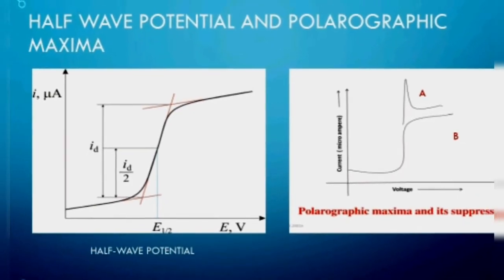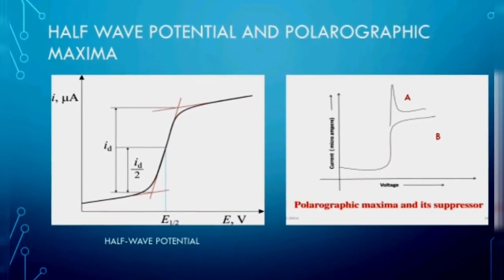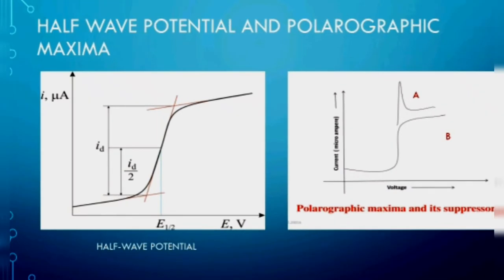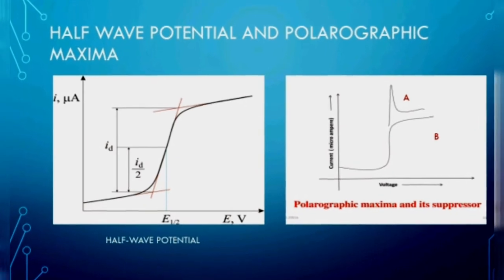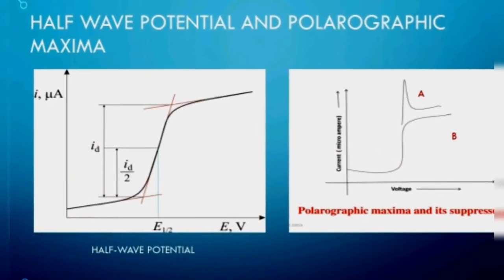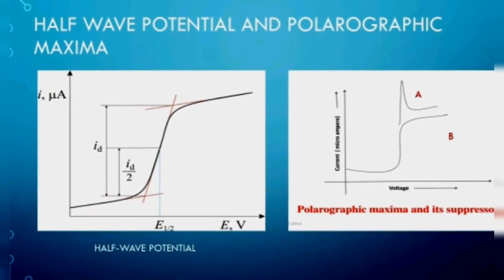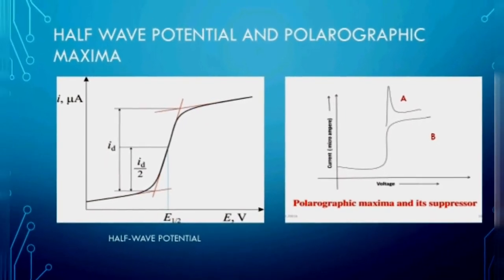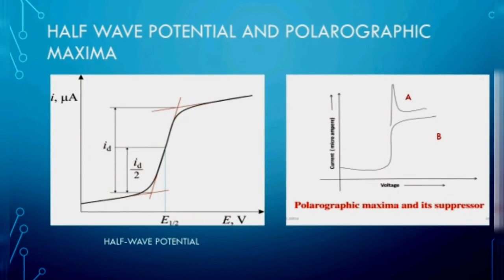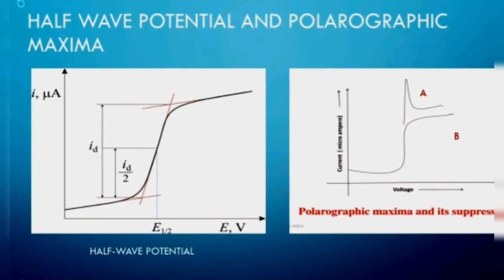Before we move on to the applications of polarography, let's understand two concepts or characteristics of a polarogram. The first concept is the half wave potential, which is indicated by E suffix half. This is a characteristic feature of the polarogram where it shows the potential at which the current is equal to 1/2 of the diffusion current.